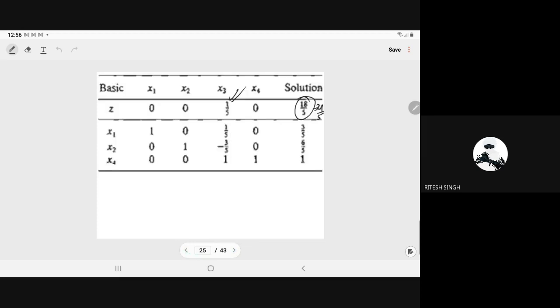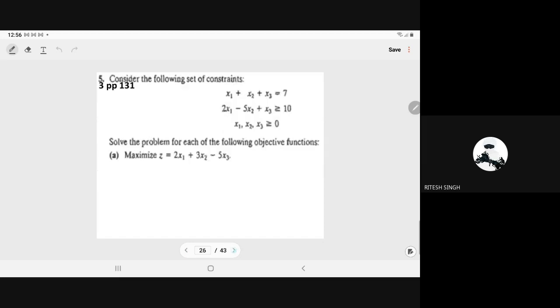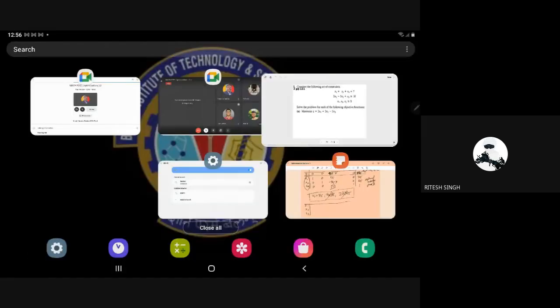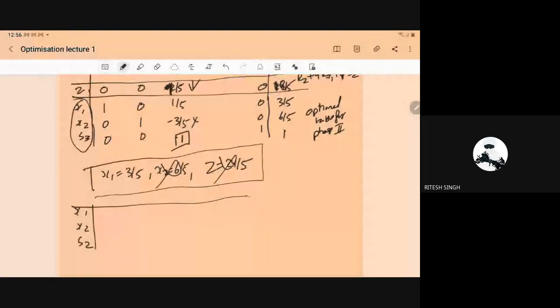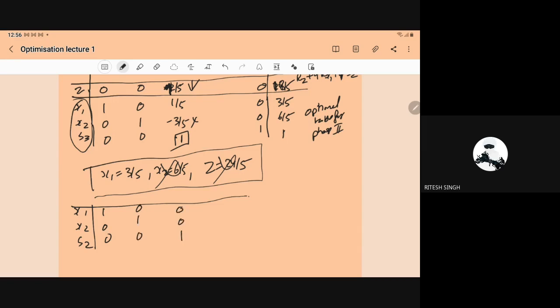So here we have to make that optimal table. Can you give me the calculation? Anyone, please? What entries will come? 1 0 0, 0 1 0, 0 0 1, and what entries will come?